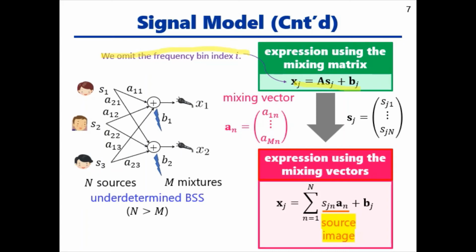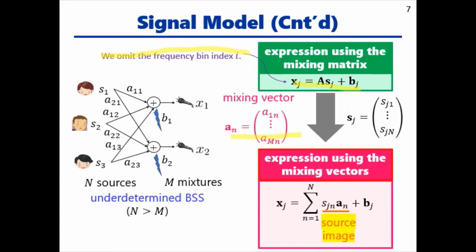There is another important expression which uses the mixing vectors a. The mixing vector is composed of the transfer function from a source to all microphones. The mixing vector for source n is denoted by a_n, and is nothing but the nth column of the mixing matrix.